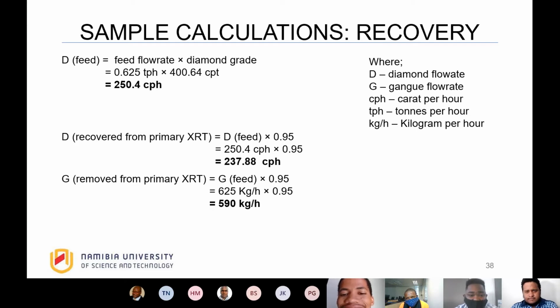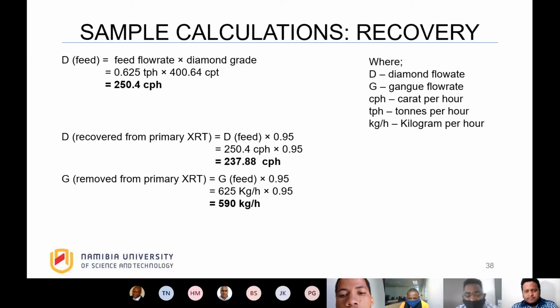This I believe Dorian showed initially, that your gank in your feed had a flow rate of about 625 kilograms per hour. So based on the amount removed by the primary XRT, you can see that most of the gank is removed in the first stage, meaning that by the time the diamonds reach the reconcentration stage, there will be little gank that has to be removed.